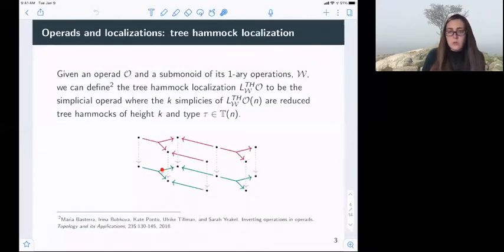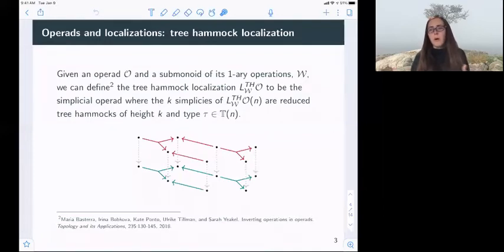Again, these forward pointing trees are just any operations from an operad O. And all of these backward pointing arrows represent one-ary operations from a submonoid of the one-ary operations W. And all of these downward arrows are also going to be labeled by operations in W. So we can assemble these into the tree hammock localization, which is a simplicial operad where the K simplices of the N-ary operations are reduced tree hammocks of height K, and they have N labeled leaf nodes.